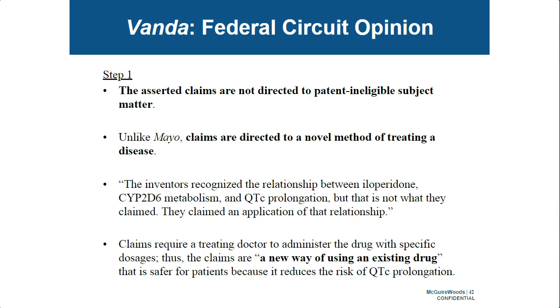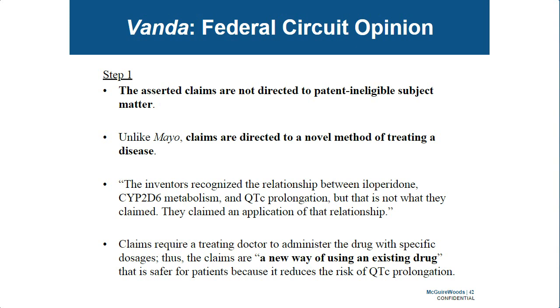The court, under Alice Step 1, said the claims are not directed to patent-ineligible subject matter. Okay, the court said, unlike the Supreme Court Mayo case, here we have a situation where the claims are directed to a novel method of treating a disease. And treating a disease is not, according to the court, a law of nature.